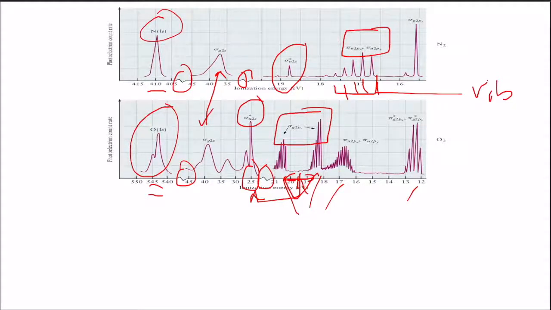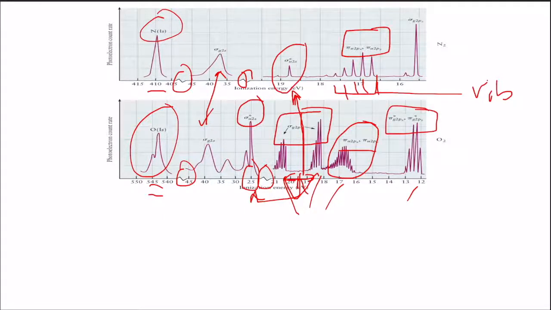So interestingly, in the absence of this interaction, the middle of this would be similar to the sigma from here. And then we have the pi's. So these are the pi u's, and then these are the pi u star.